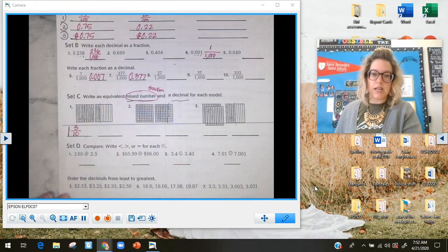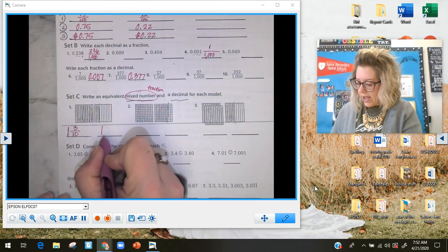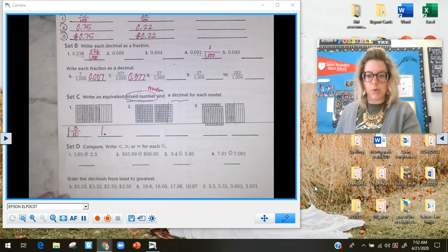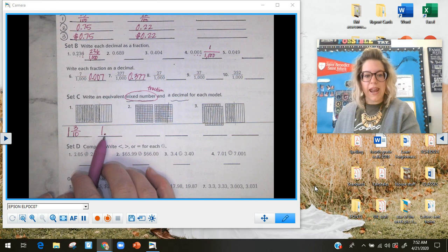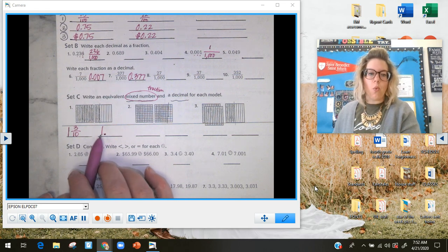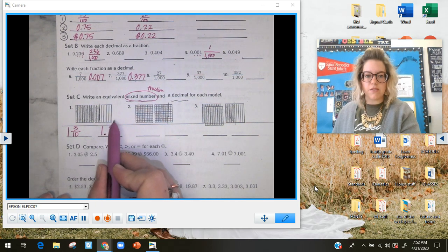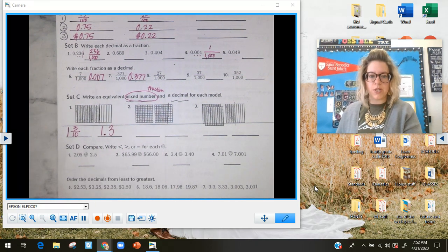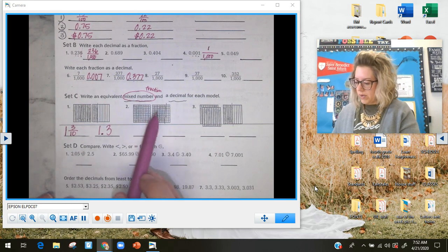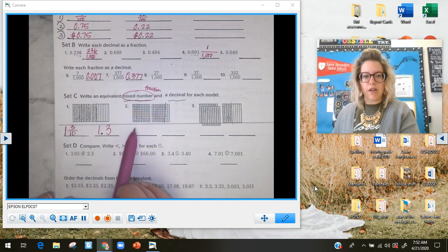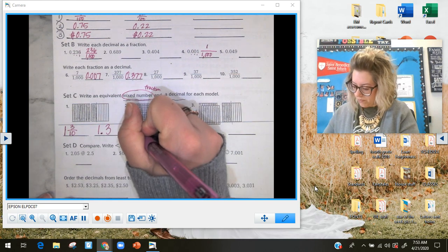And then how I would write that as a decimal is 1 and, remember when I said a couple lessons ago, whenever you see the and, it's the decimal point, it's the dot, okay? 1 and 3 tenths. Tenths is the first place right after the decimal, so my 3 goes there. How many of these boxes are shaded all together? 1.